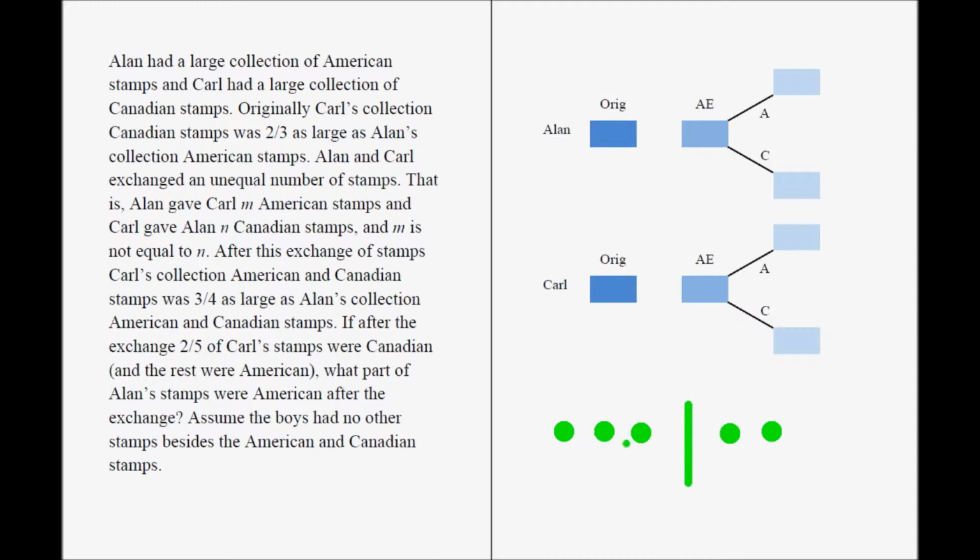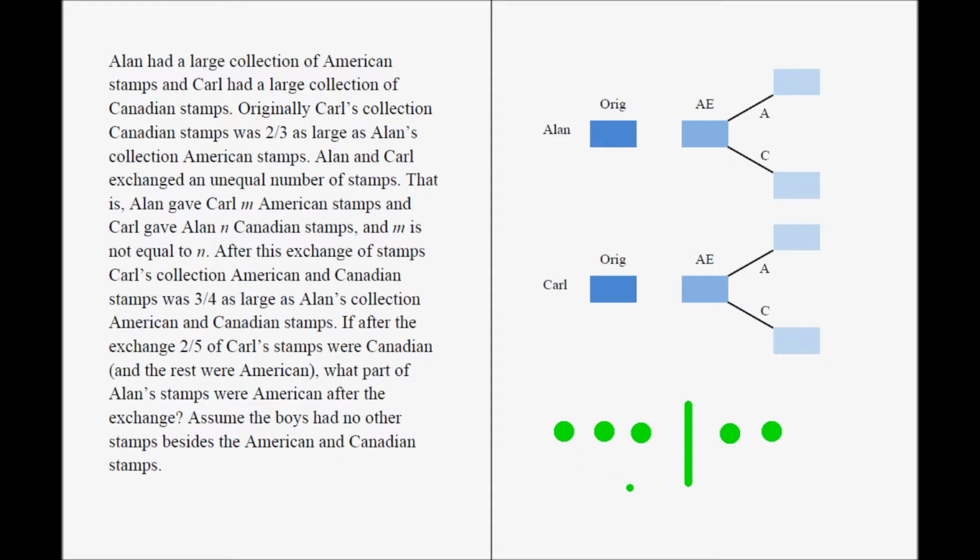If this represents Alan's stamps, this represents Carl's stamps. Now I don't know if one dot represents 5 stamps, 10 stamps, 500 stamps. But I do know one thing, that if you put all the stamps of both boys together, the total number of stamps is divisible by 5, or you can divide them into 5 equal groups. 2 of the groups will be Canadian stamps belonging to Carl, and 3 of the groups will be American stamps belonging to Alan.